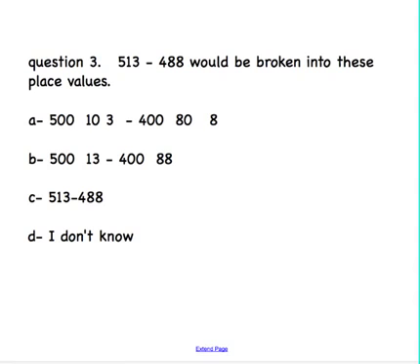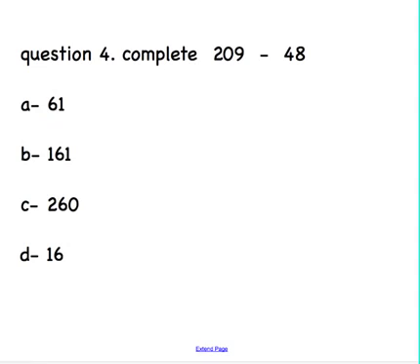Or D, I don't know. Question 4. Please write this problem in your journal using the partial differences method, showing each place value part, and find out the answer. A, 61, B, 161, C, 260, or D, 16.